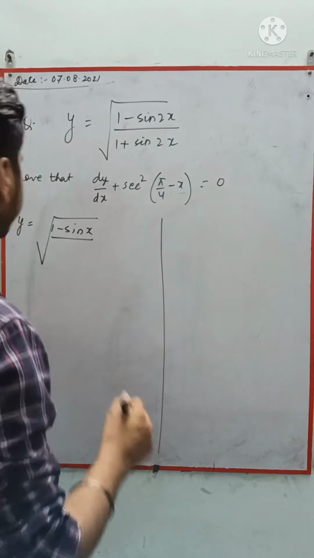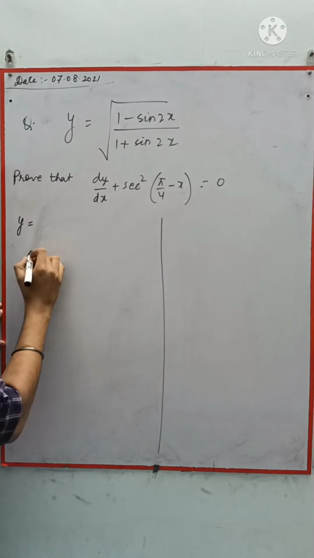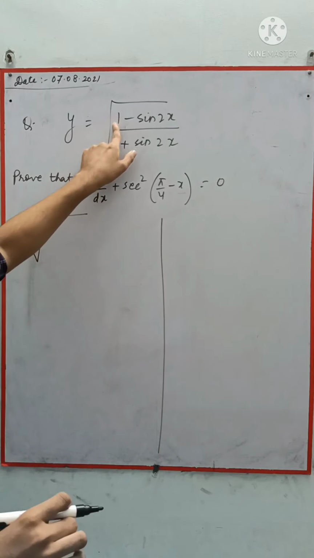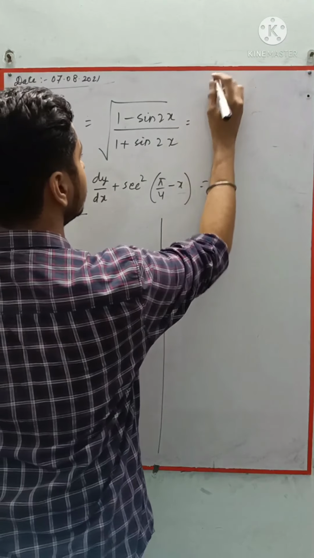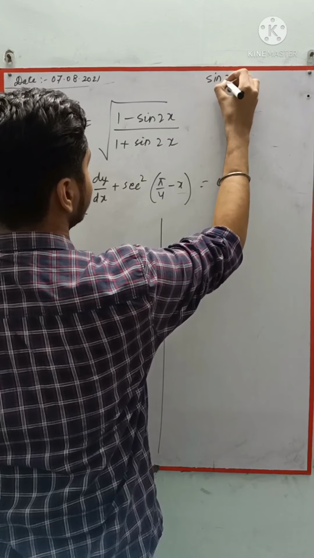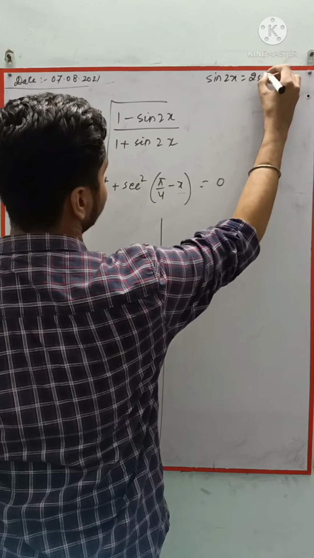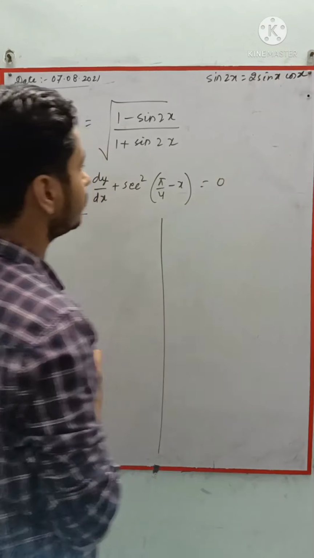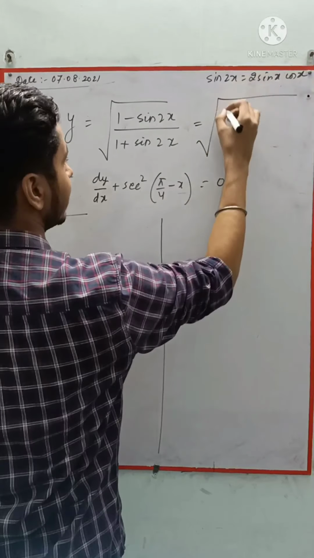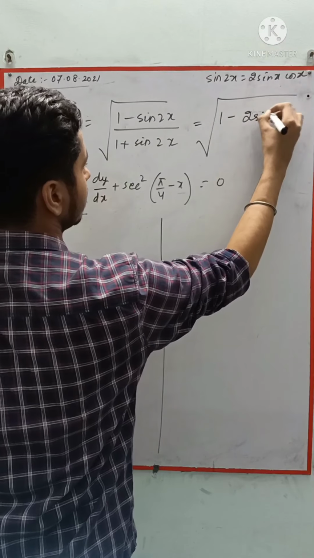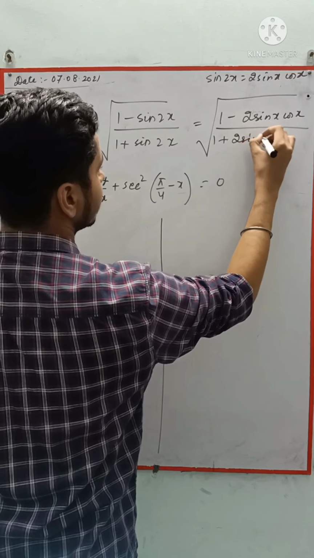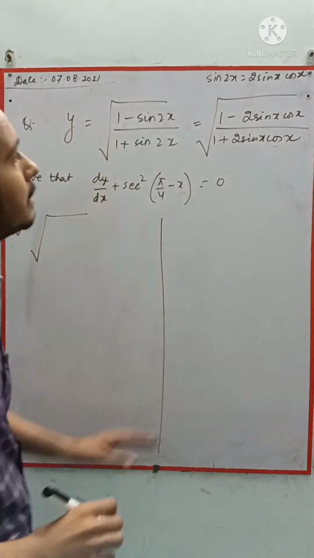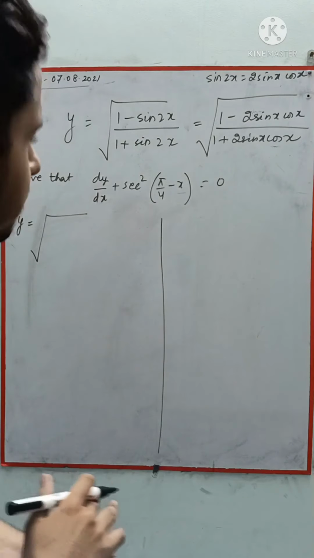So how can we simplify? See, I'm not writing the question again. 1 minus sine 2x and 1 plus sine 2x. We know the identity that sine 2x is 2 sine x cos x. So this can be written as 1 minus 2 sine x cos x upon 1 plus 2 sin x cos x. But after this, I don't have any option to do.